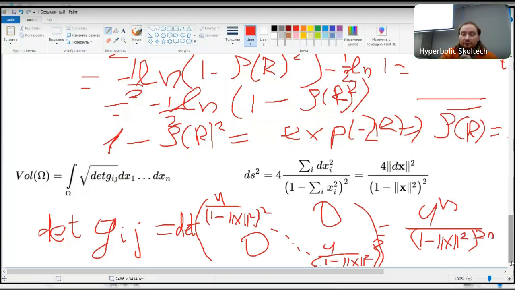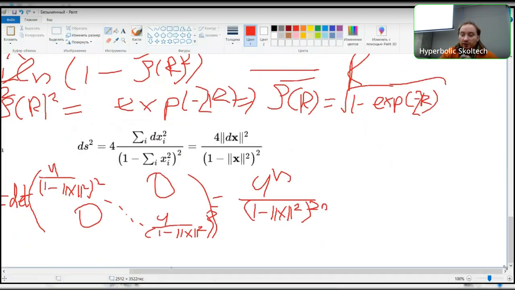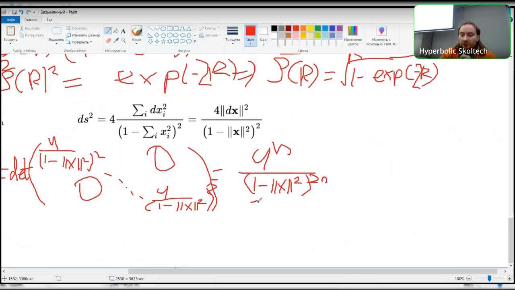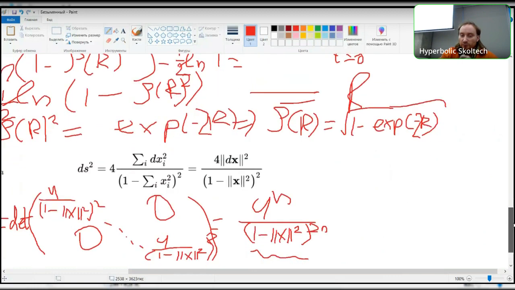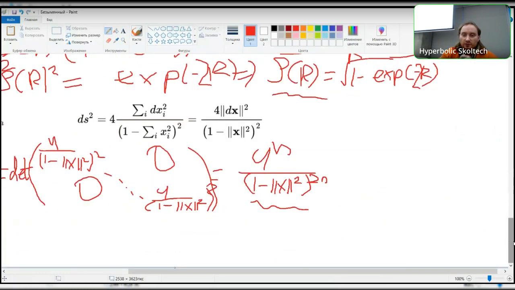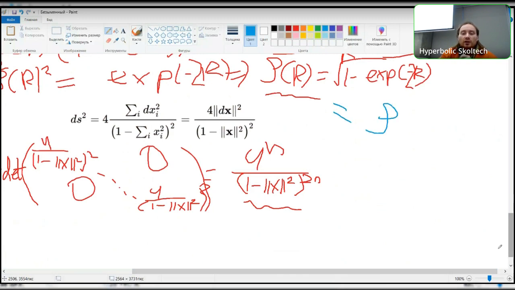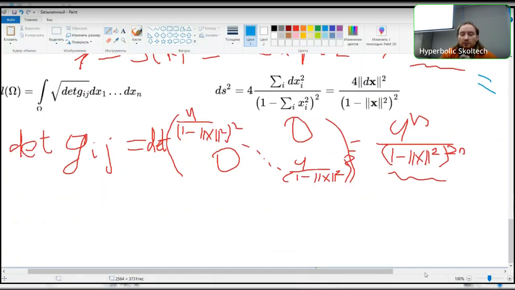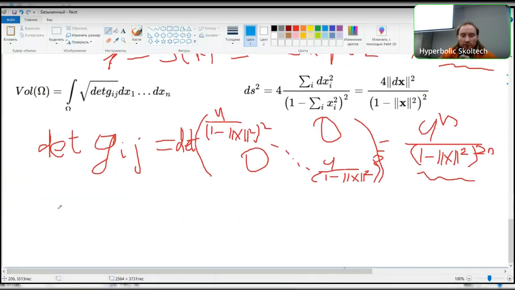Okay. So our next task is to integrate this function over a Euclidean ball of radius rho of r. Let me denote rho of r just by rho, and let me start computing it.